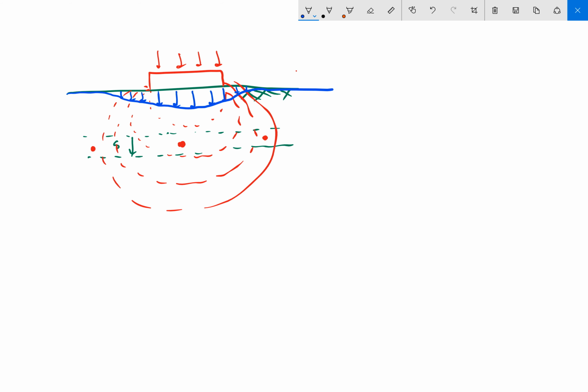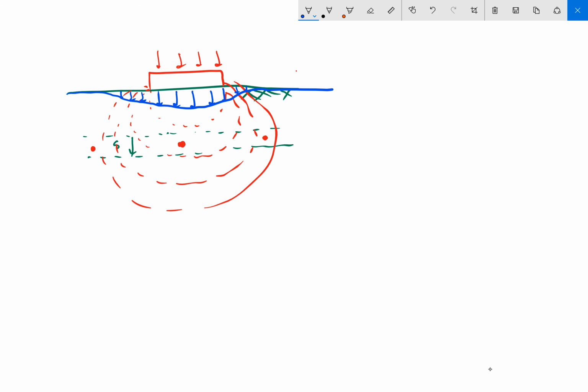And then again, as we get away from the footprint, we'd expect to see less and less and less settlement. So really, this is all that we're going to learn and apply today: how do we compute settlement beneath finite loads such as foundations.